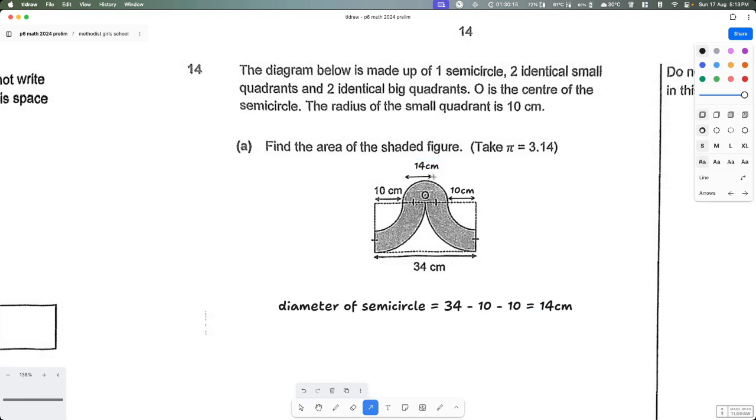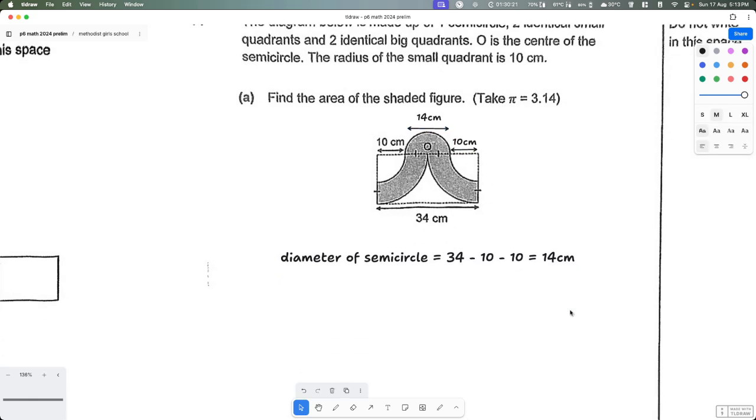Okay, so let's get the area of the semicircle first, the easiest to do. The area of the semicircle is equal to half times the area of a circle, which is pi times radius times radius.